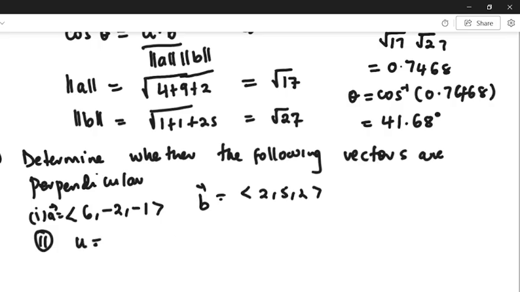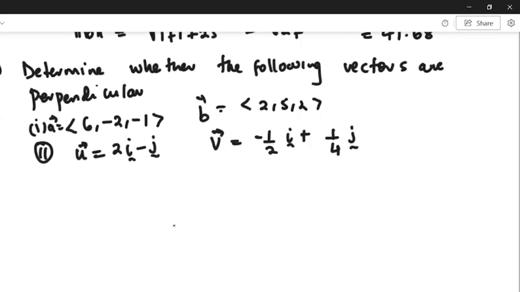So we have vector U, is 2i minus j, v is minus a half i plus a quarter j. So we're going to handle Roman 1 and Roman 2 is left for the reader.